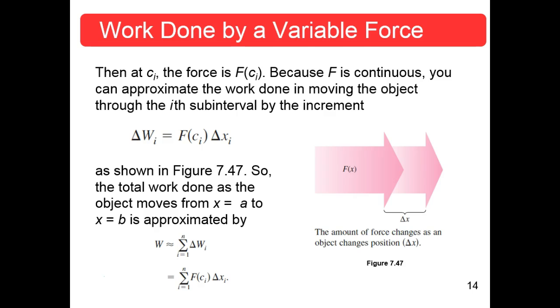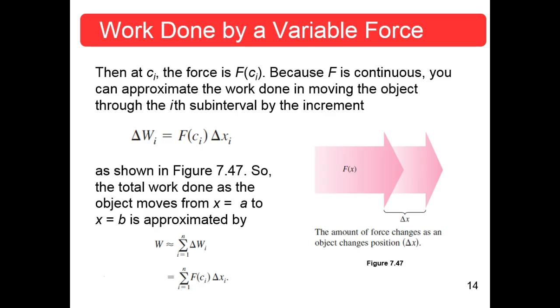So the total work done moving from x equal A to x equal B is the summation of all those little incremental works as you go. So it's the summation of the delta W i, which is the summation of f of c sub i times the delta x sub i.